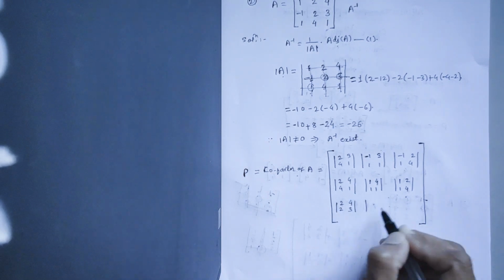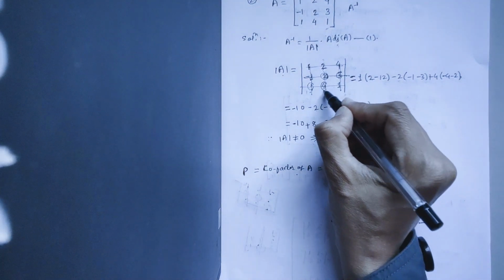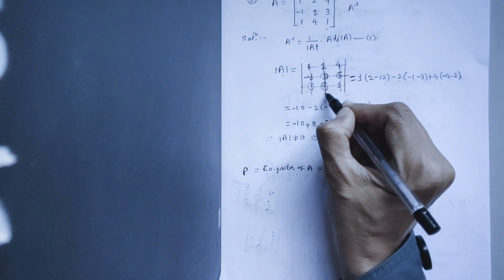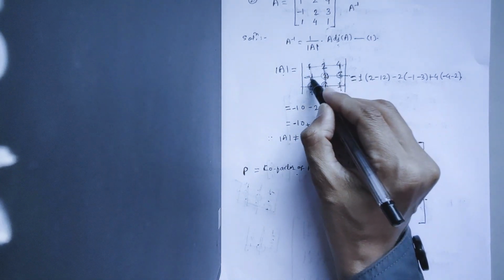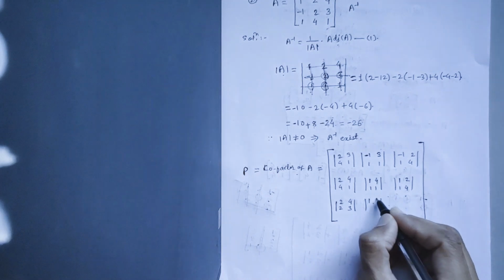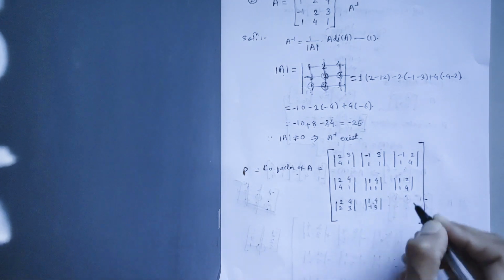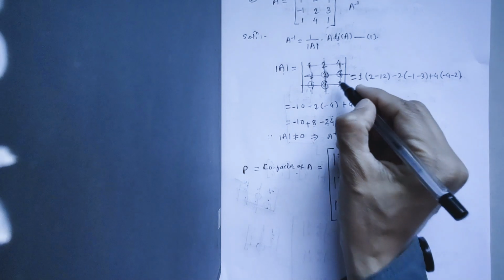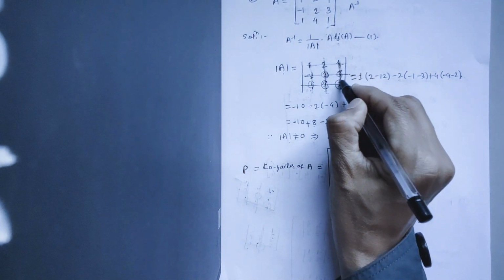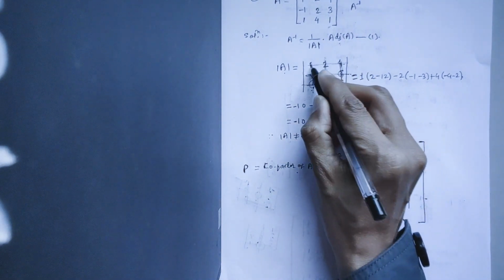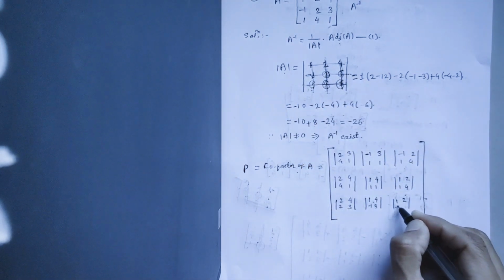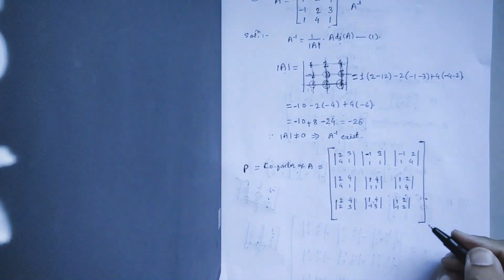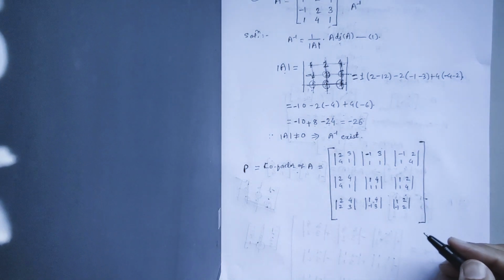Okay, now for the next one, I'll eliminate the second column, third row, so 1, 4, minus 1, 3. The last one will be this one, just eliminate third row, third column, 1, 2, minus 1, 2. Okay, just make sure that every element is correct, and then we are good.